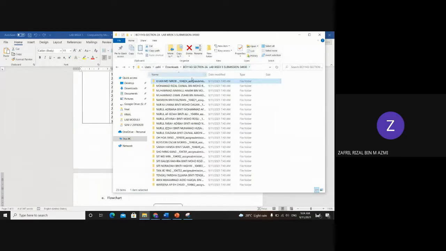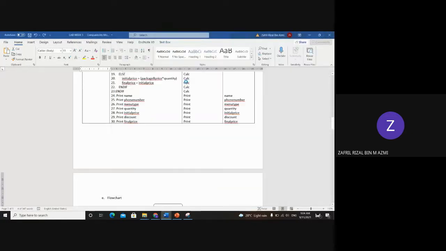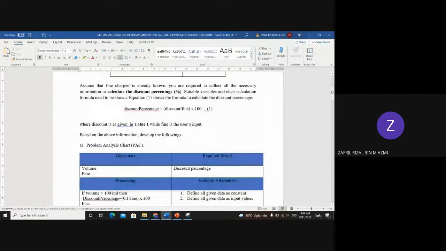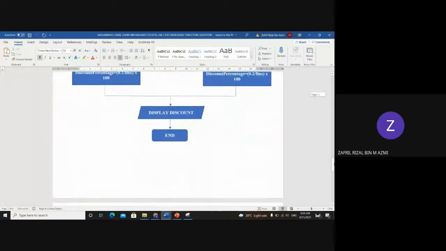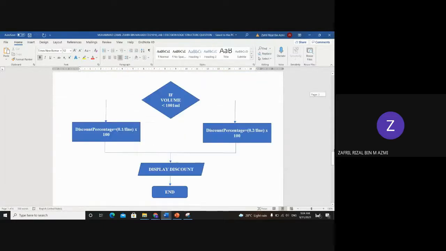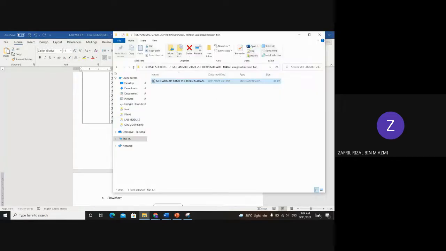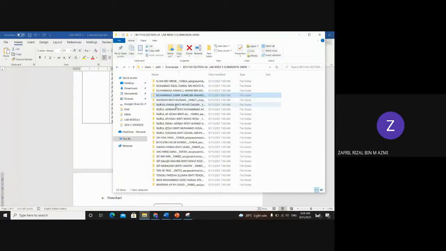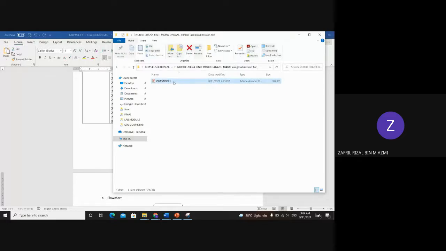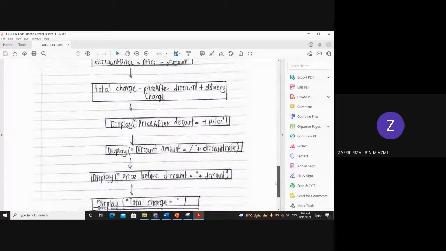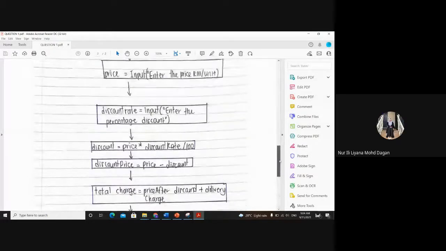This is the same structure. I would like to see maybe something different. This is last week's.